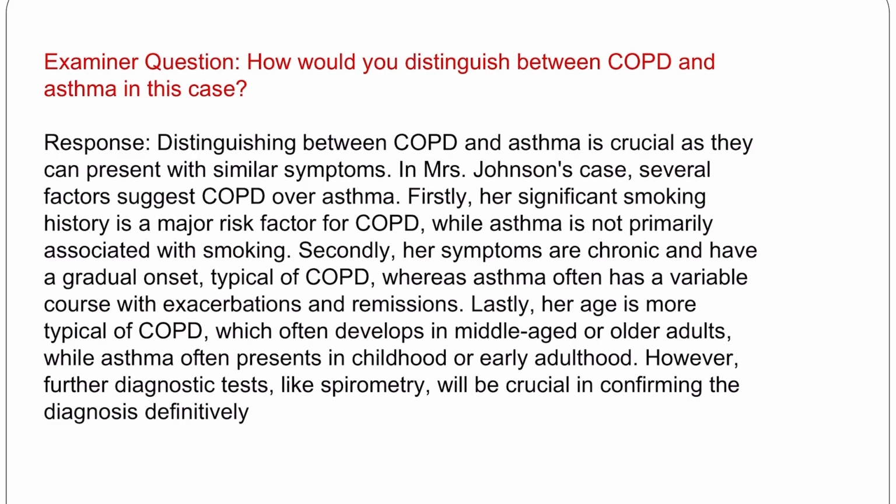Secondly, her symptoms are chronic and have a gradual onset, typical of COPD, whereas asthma often has a variable course with exacerbation and remission. Lastly, her age is more typical of COPD, which often develops in middle-aged or older adults, while asthma often presents in childhood or early adulthood. However, further diagnostic tests like spirometry will be crucial in confirming the diagnosis definitively.